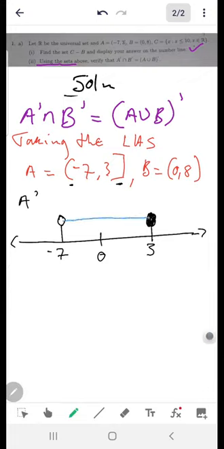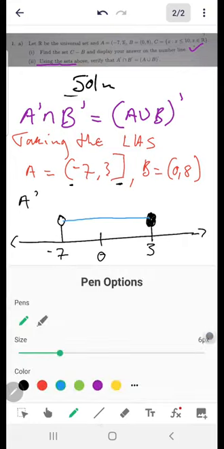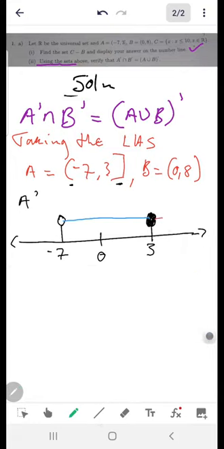All right, so what about set A complement? Set A complement is the set which is going this side. These circles will be the opposite, whereby this one will be shaded and this one will be unshaded. So remember, this is set A and this is A complement.